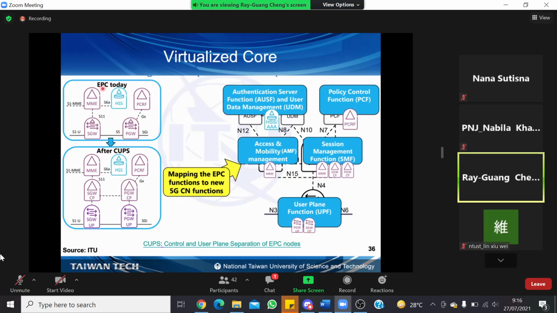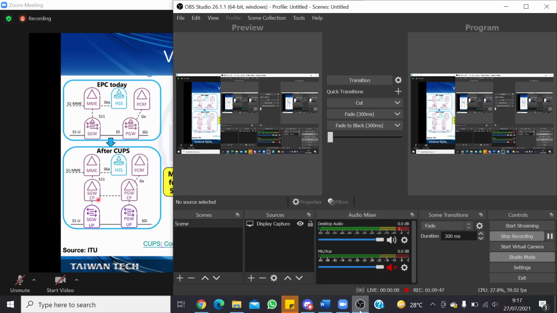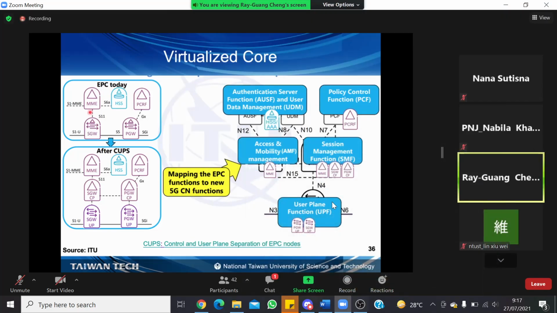So what they are doing today, first, they do so-called CUPS. This one is control plane functionality. They try to split MME into two parts. They try to split the function of the serving gateway. Even though the serving gateway transmits data, it actually has a control plane and a user plane. So they try to split the function.